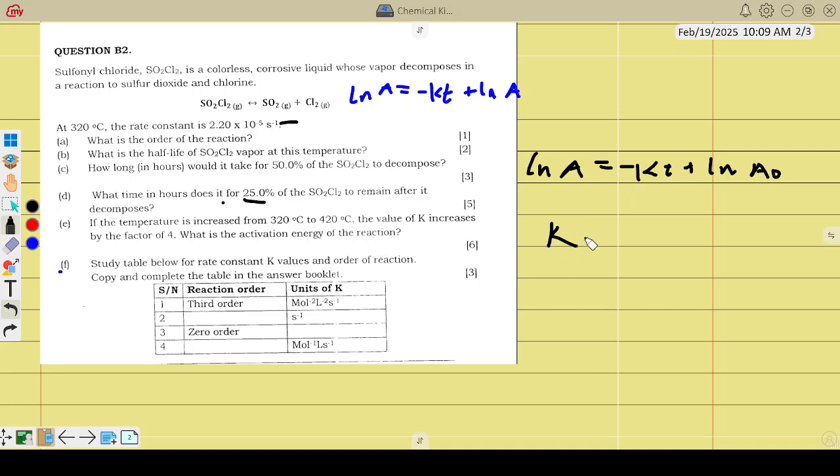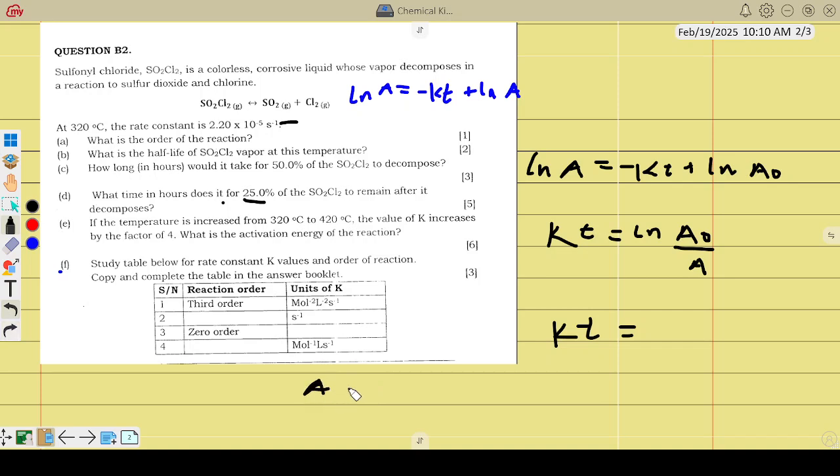Let's make t the subject. kt will be equal to ln A naught, this one goes there, you know the drill, over A. Here we're going to say the final concentration that remained is this same 25%, because they're telling us that this is what remained.